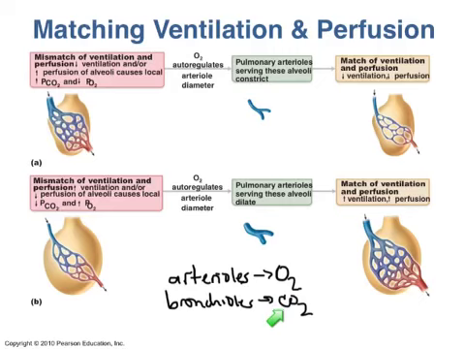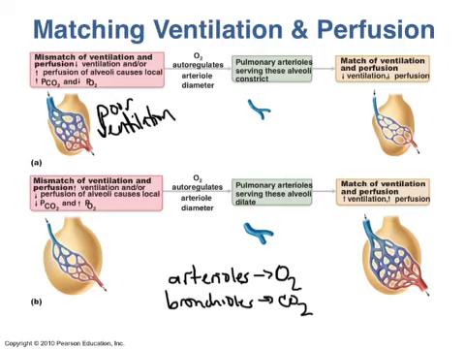This diagram shows you a couple of different scenarios. In this first scenario, you have poor alveolar ventilation. This could also be seen as excessive perfusion. But now, because you have poor alveolar ventilation, there's less oxygen coming in.